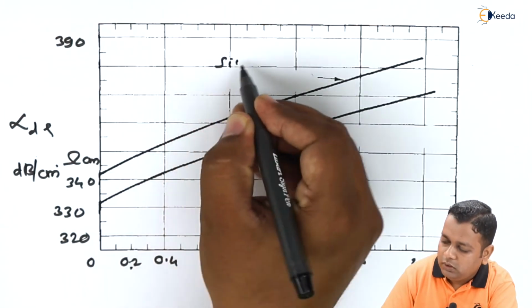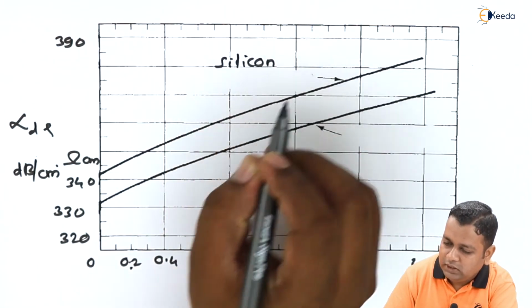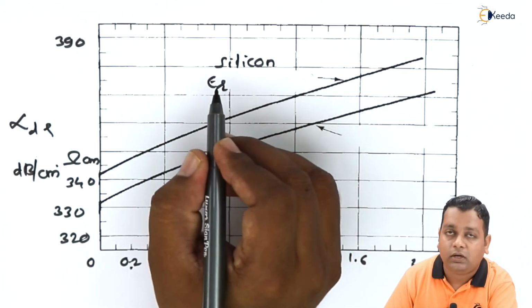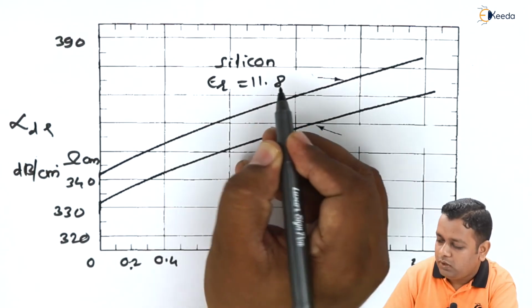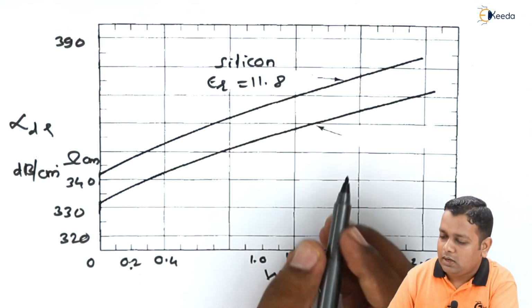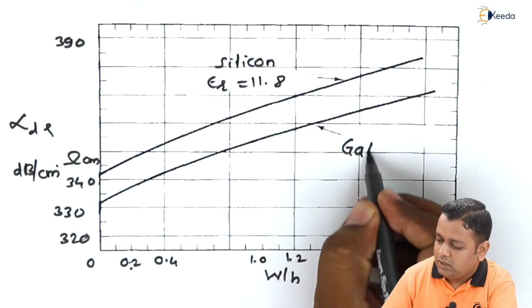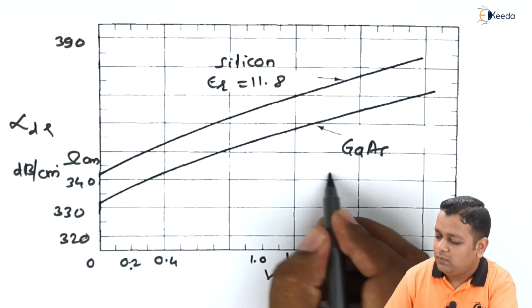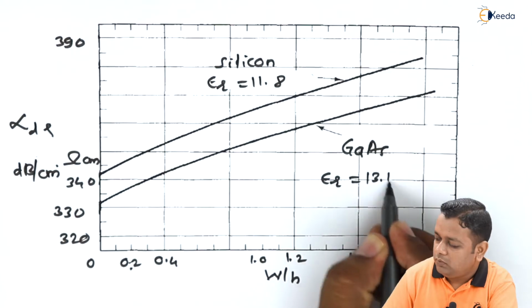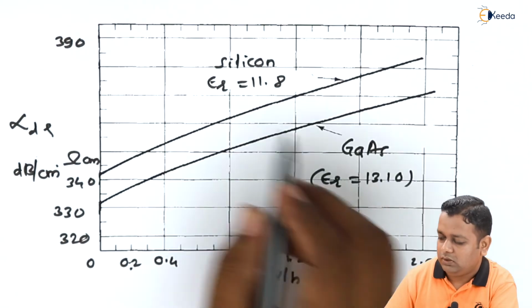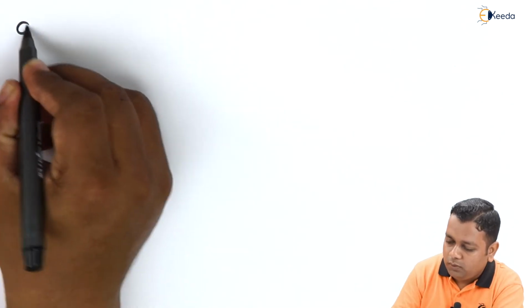We have the popular one, silicon, having the relative dielectric constant value epsilon r equal to 11.8, and another one for the gallium arsenide material, having the relative dielectric constant value of 13.10. Now after the dielectric losses, we shall discuss in detail the ohmic losses.